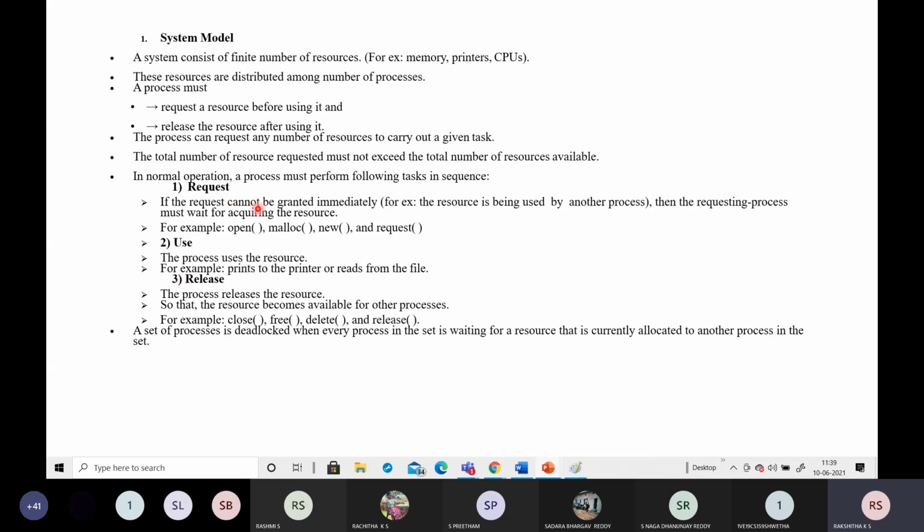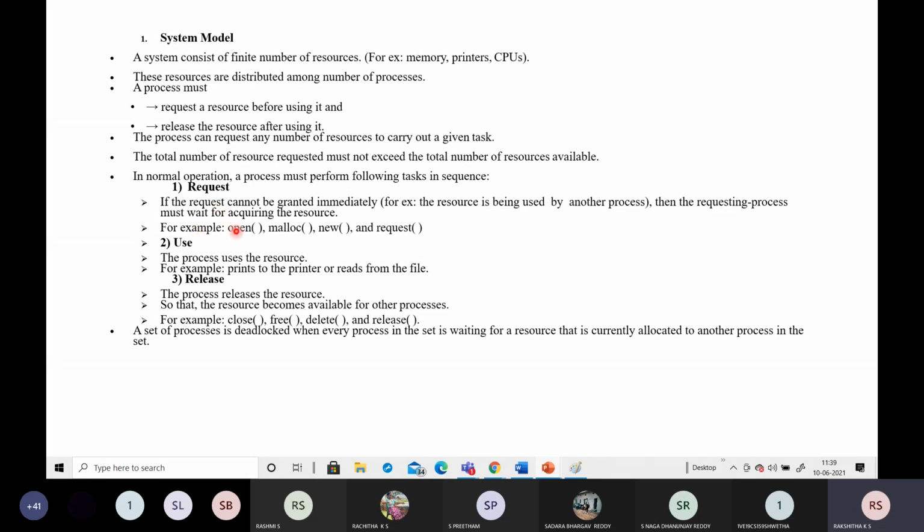If the request cannot be granted immediately, then the requesting process must wait to acquire the resource. When a process requests a resource, it may not get it immediately, because that resource may already be in use by some other process. So you have to wait for some amount of time to get that particular resource.